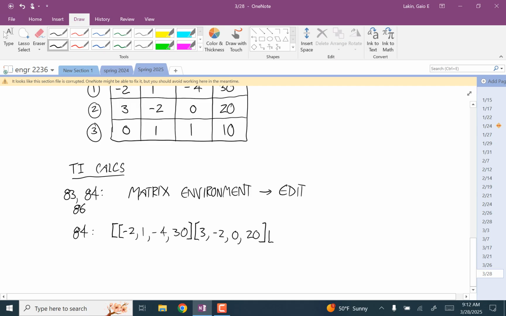Close the second row, start the third row, 0, 1, 1, 10. Close the third row, close the matrix. So this works for the 84. You also can do it this way for the 89.